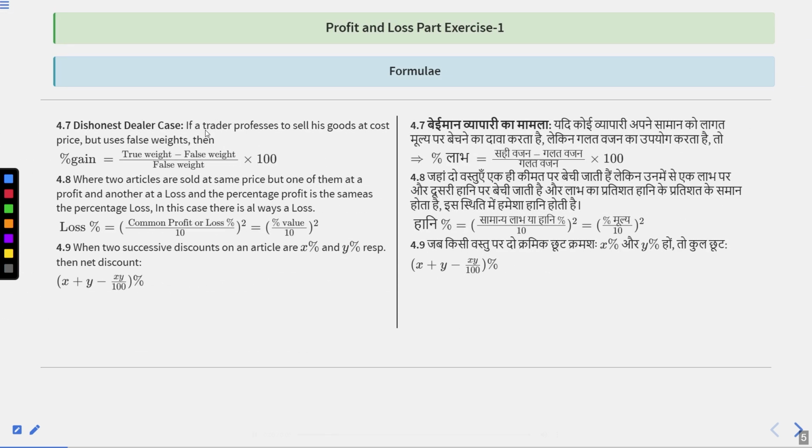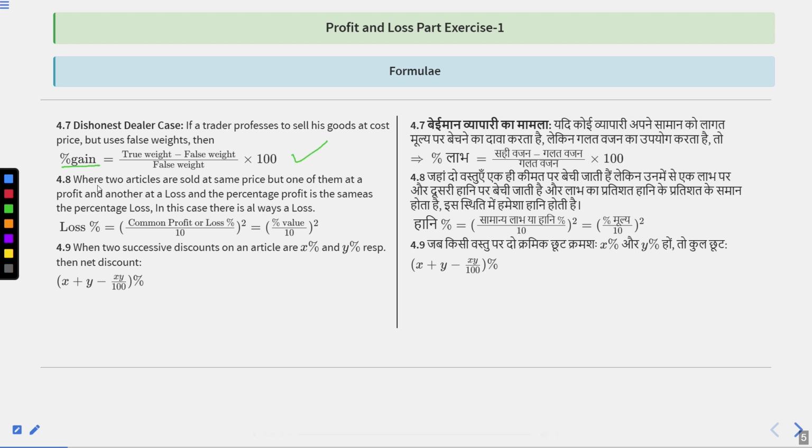the dishonest dealer case. If a trader professes to sell his goods at cost price but uses false weight, then what is the gain percent of the dishonest dealer? (True weight minus false weight) upon false weight multiplied by 100. Then we get our gain percent.